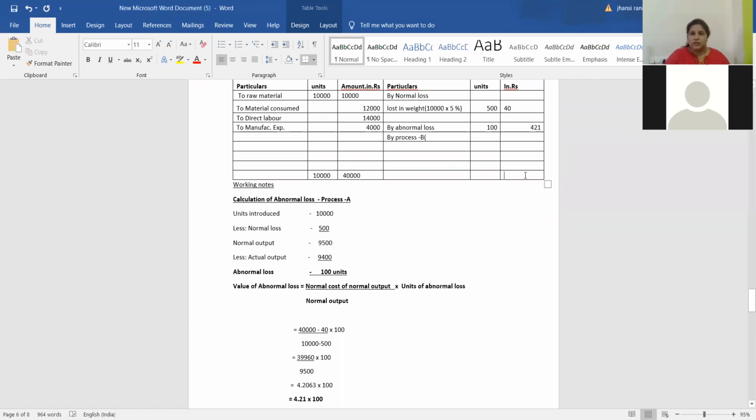So again here total will be 40,000 and here 10,000, and the balance will be here 9,400, and the amount will be 40,000 minus 461.